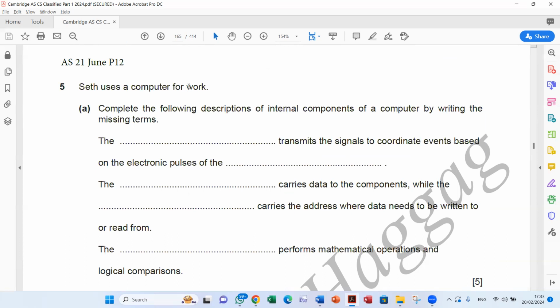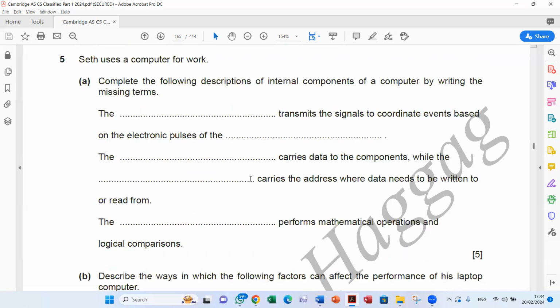Somebody uses a computer for work. Complete the following descriptions of internal components of a computer by writing the missing term. The what transmits the signal to control events based on the electronic pulses of the what? I think the clock is creating electronic pulses.